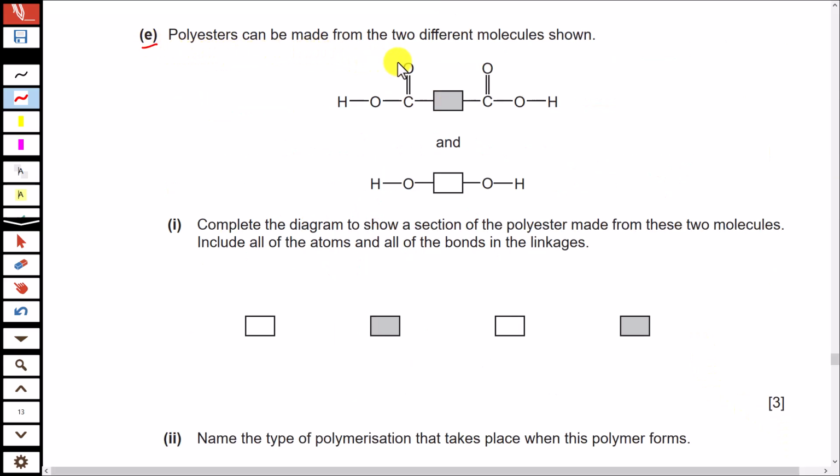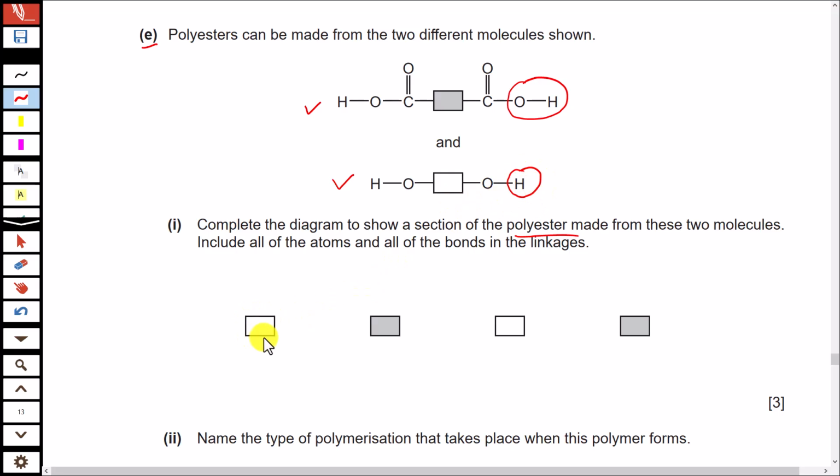Polyesters can be made from 2 different molecules shown. So here are the 2 molecules that form the polyester. Complete the diagram to show a section of polyester formed from these 2 molecules. Include all of the atoms and all of the bonds in the linkages. In this reaction, the OH group is removed from the carboxylic acid and H is removed from the alcohol.